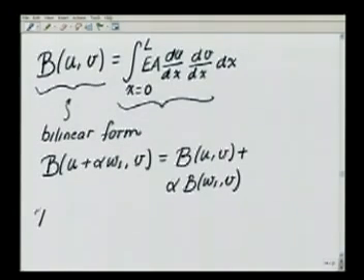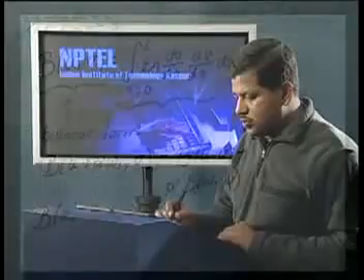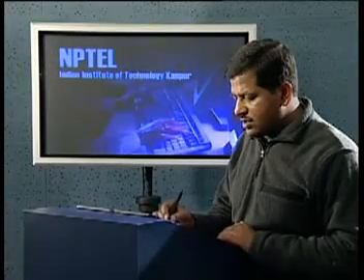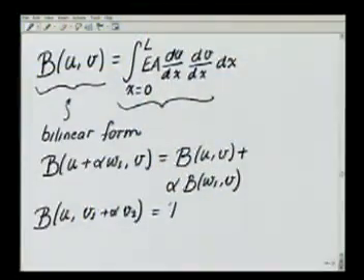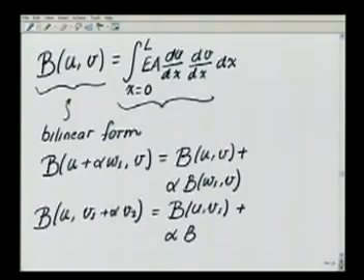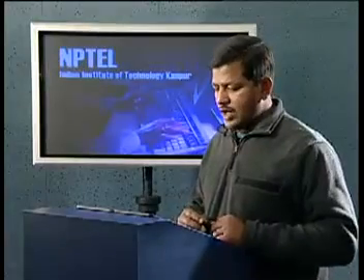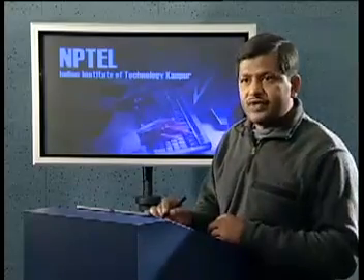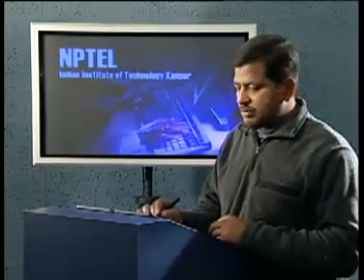Similarly, if I put b of u, v1 plus alpha v2, this will be equal to b of u, v1 plus alpha b of u, v2. That is, it is linear also in v. That's why it is linear in both the functions which give us this number b of u, v, so we call it bilinear.